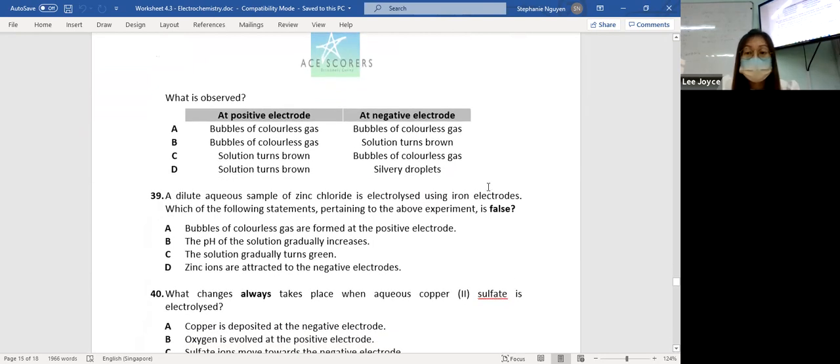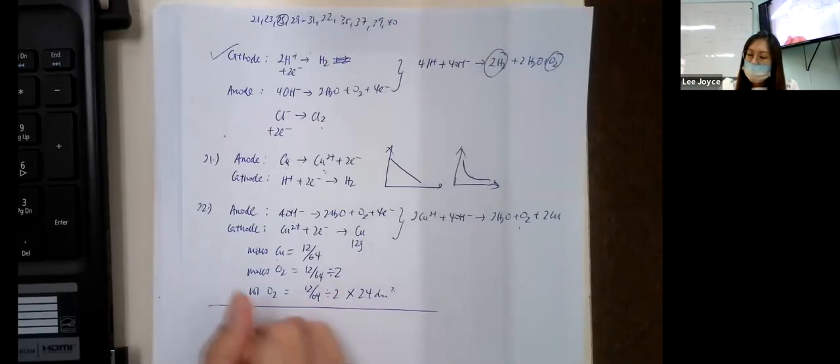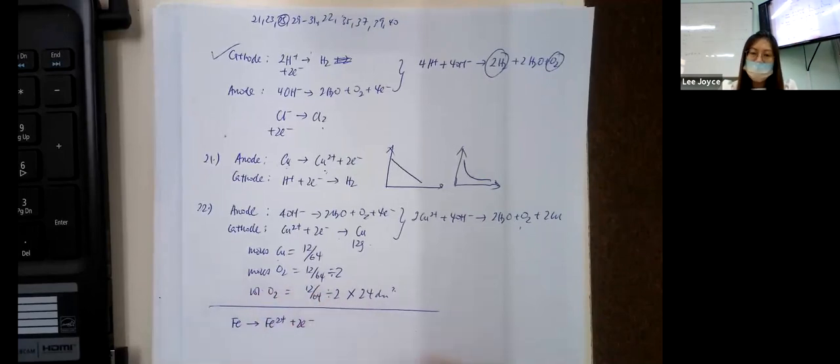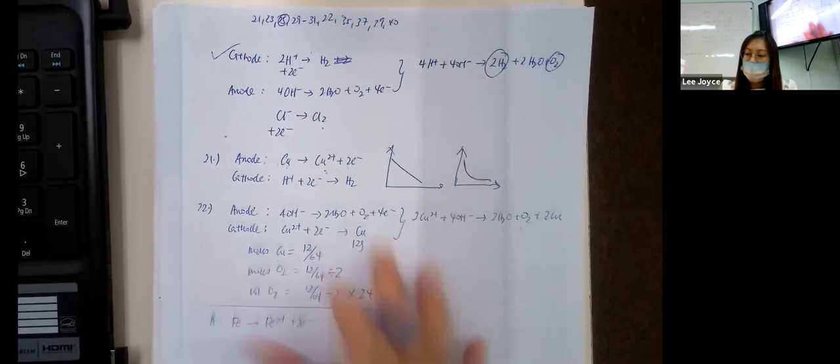We're using iron electrodes. When we do a question, always check on the electrode first. If it's an active electrode, we will definitely have something happening at the anode. So the iron will get depleted, oxidized to form the Fe2+ ion. This is at the anode.